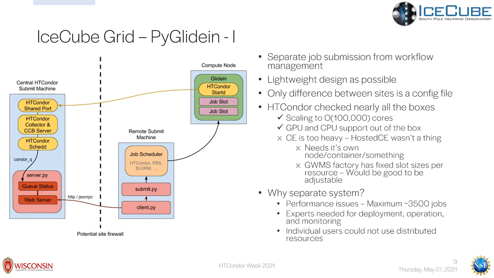But of course, there were components that seemed, at least from our perspective at the time, a little too heavy or too hard to operate. This was 5 years ago, so many things have changed, but we basically wanted a lightweight system to submit jobs out to these other facilities, and we came up with this concept of Highglyden.